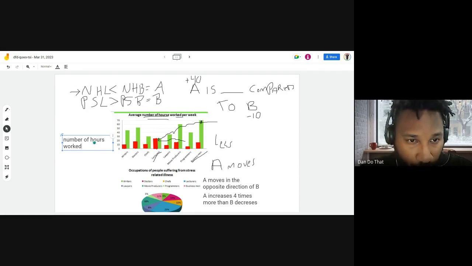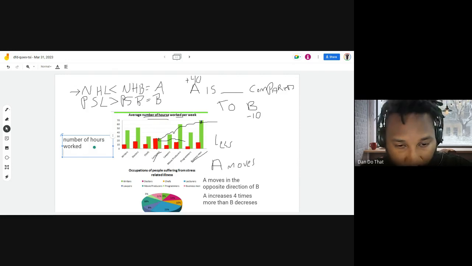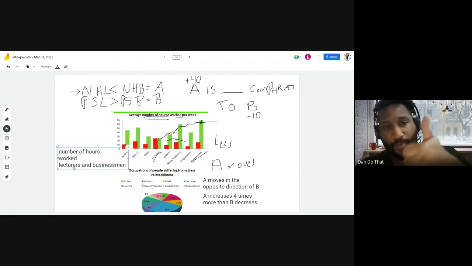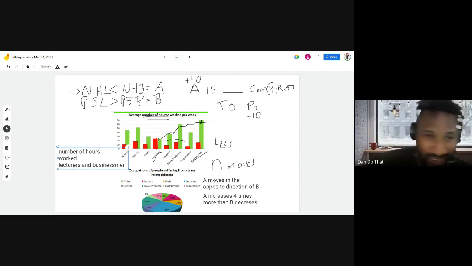We'll just keep it at worked. And then by lecturers and businessmen. So it's the number of hours worked by lecturers and businessmen.